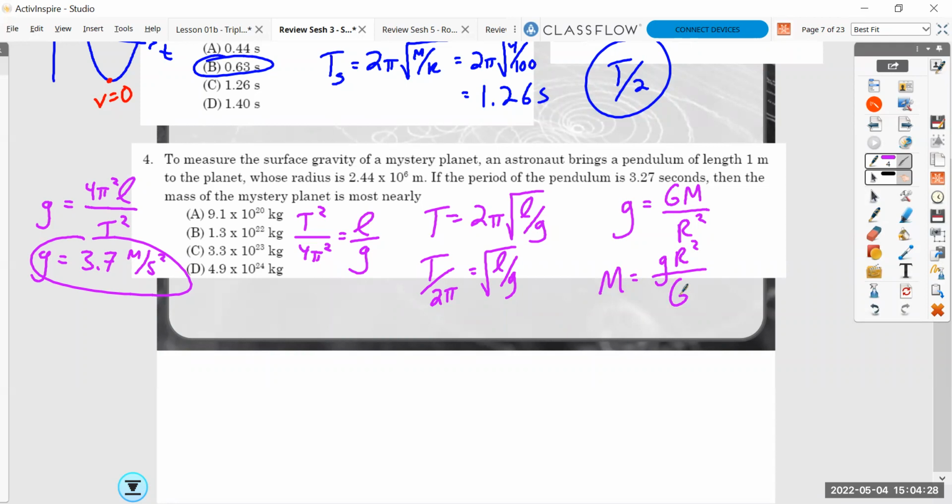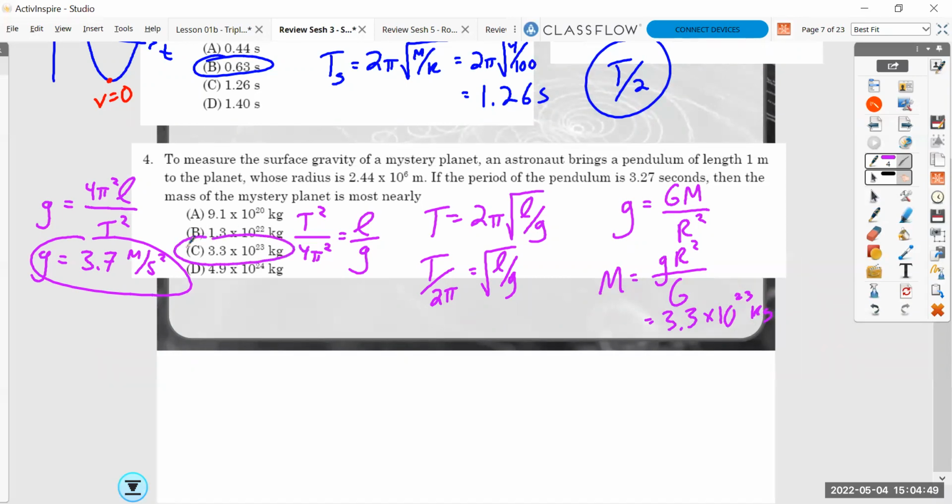So multiply by 2.44E6 squared divided by big G. If I've done everything properly, I get about 3.3 times 10 to the 23rd kilograms. So you can find that one right there.